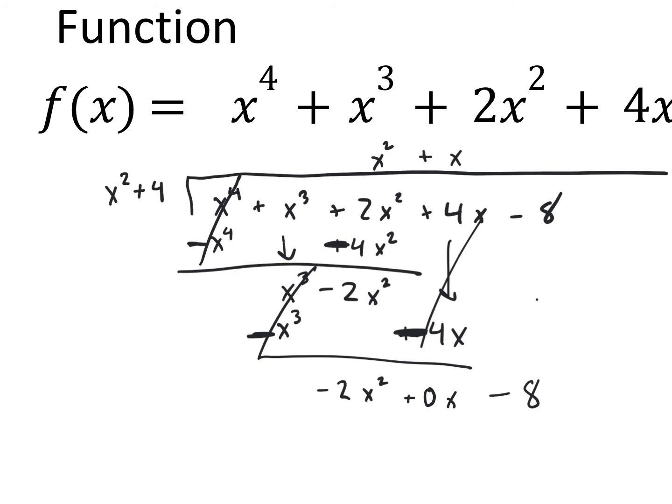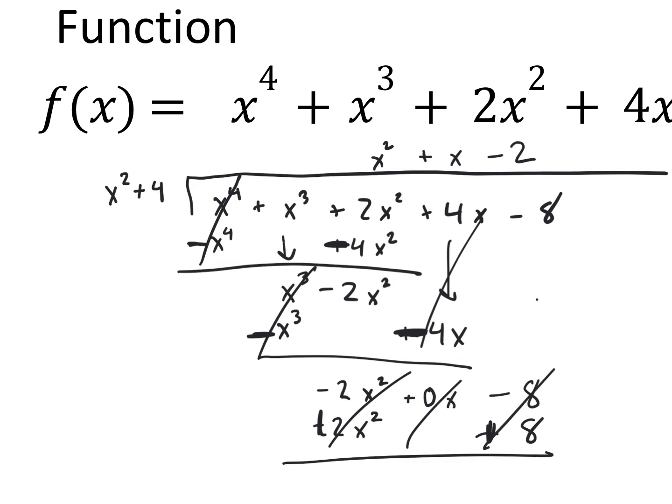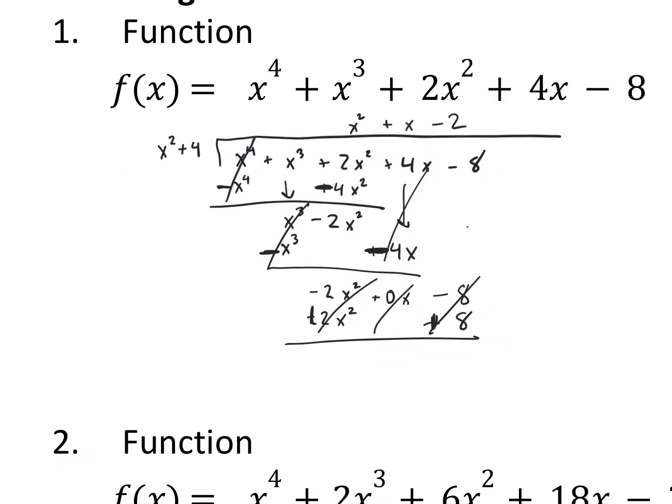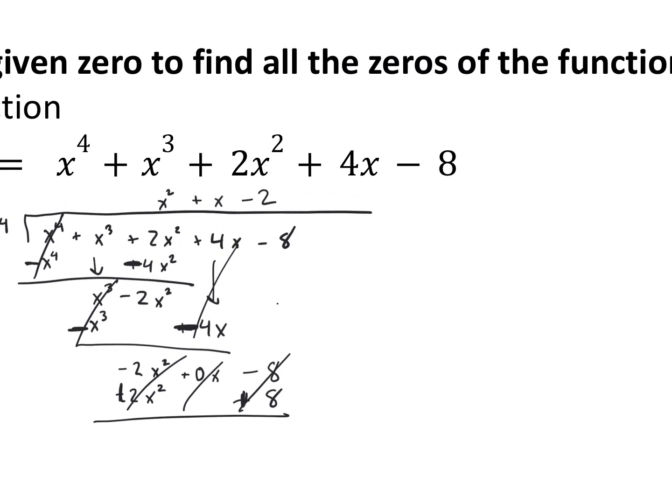What times x squared gives me negative 2x squared? Negative 2. Then multiply that with everything out front, so I have negative 2x squared minus 8. Change a sign. What happens? It all cancels. And now we just need to find our factors of x squared plus x minus 2.